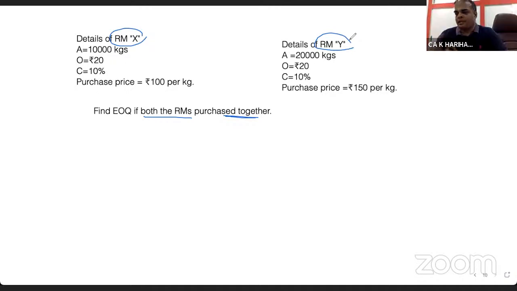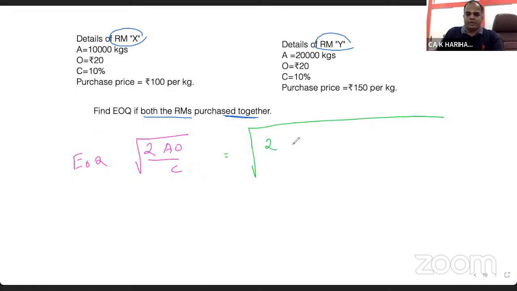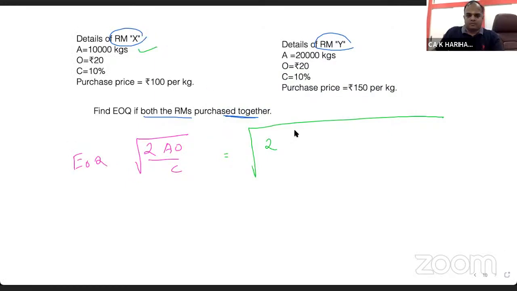Shall we start? Formula remains the same because all the data is available. What about the formula? EOQ is equal to square root of 2AO divided by C. That we have to solve in a combined manner. 2 into annual requirement for raw material X, how much? 10,000.